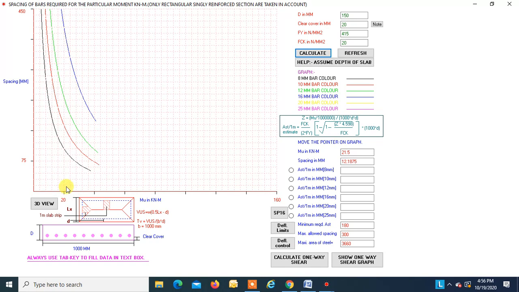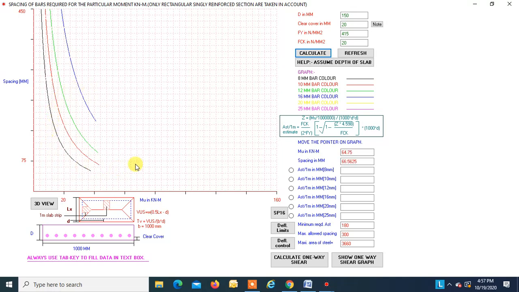Okay, so when we know the design moment, say suppose I want to find the spacing for 8 mm steel for the particular moment which I know, then just draw a straight line. In the straight line, you will directly get the spacing, right? These graphs are for singly reinforced sections.